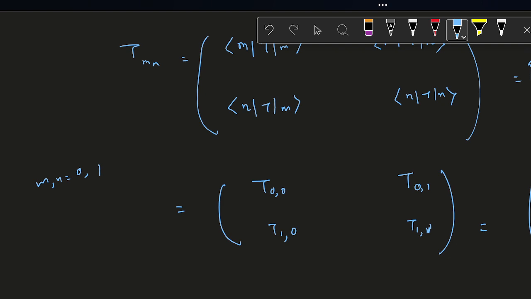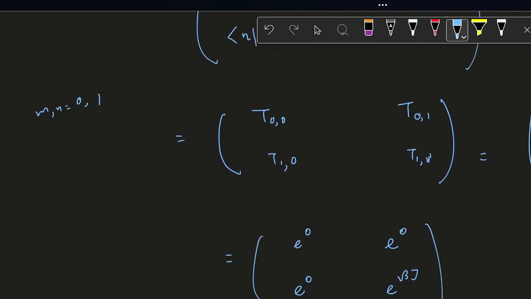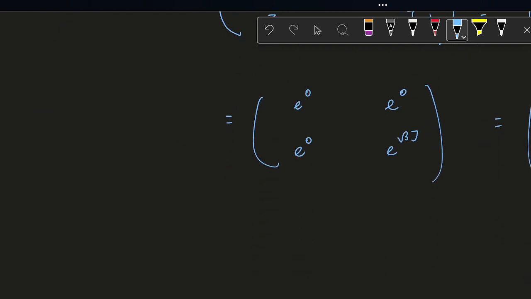So e to the power 0 means 1, this is also e to the power 0, this is also e to the power 0, and this is e to the power beta J. So the final expression becomes 1, 1, 1, e to the power beta J. So this is your final expression.